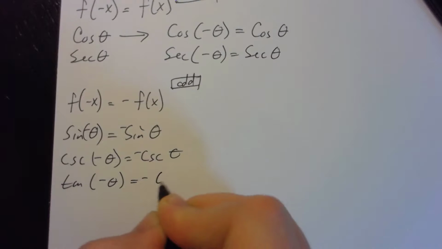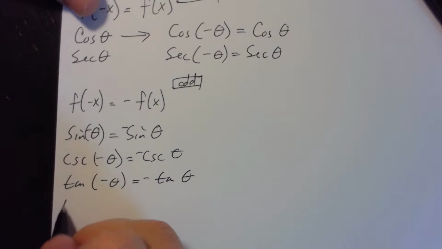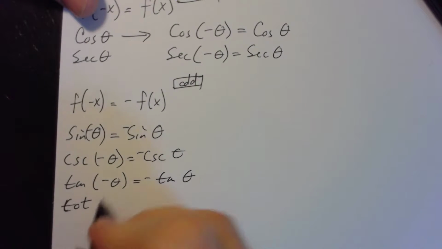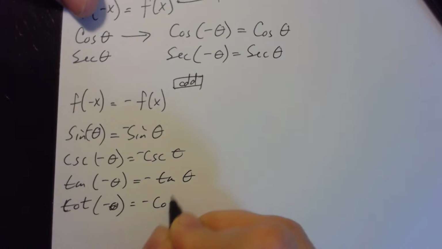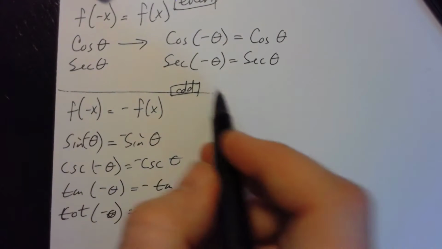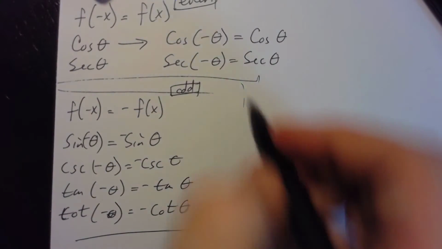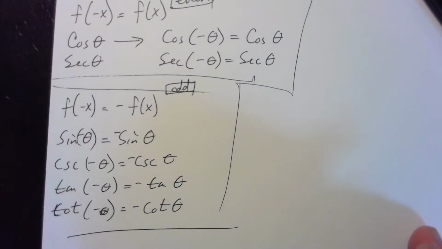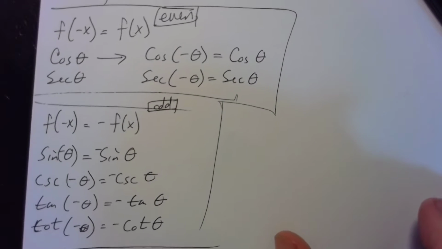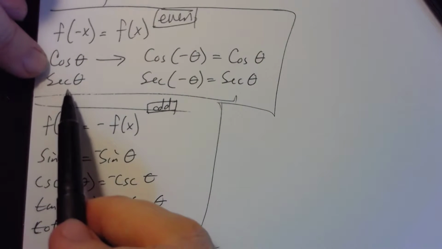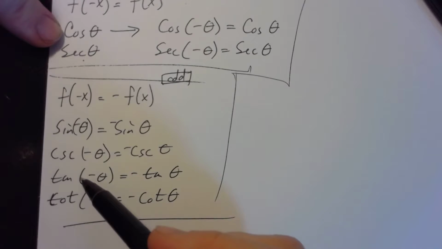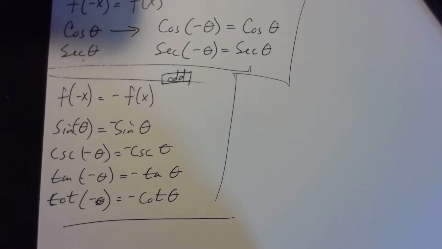And this is also true for cotangent, tangent's reciprocal. So these are properties that we're going to have to make sure we have memorized at some point or another. They are going to come up a lot later, but right now it's just important that you understand that cosine and secant, its reciprocal, are even. Sine, its reciprocal, tangent, and its reciprocal are both considered odd.